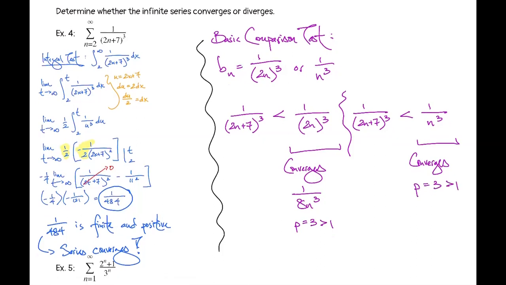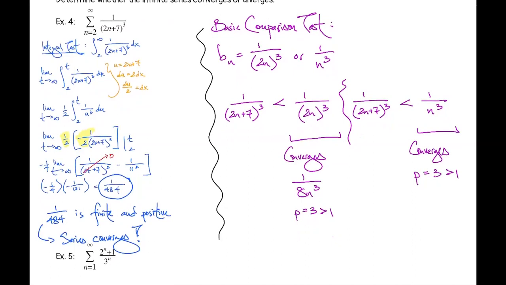Now, if we loop back to what James said earlier when he was summarizing the basic comparison test, he said something like, if the larger series converges, then so does the smaller one. And he also said, if the smaller one diverges, so does the larger one. So we managed to find a series to compare it to. The series that we picked, whether it was 1 over (2n) cubed or 1 over n cubed, were both definitely larger than our original one.